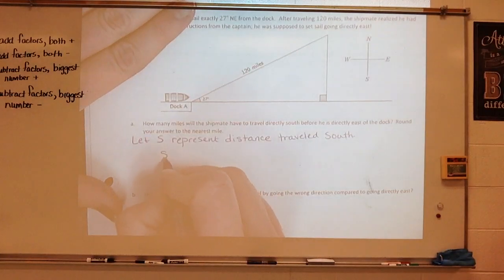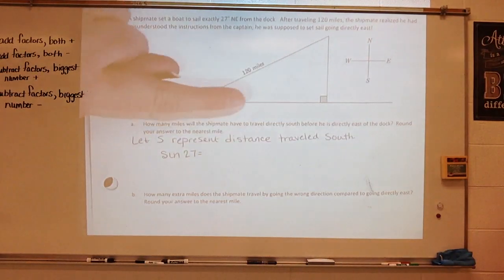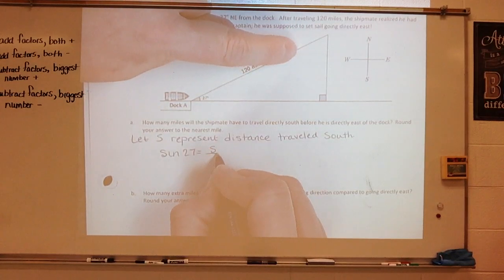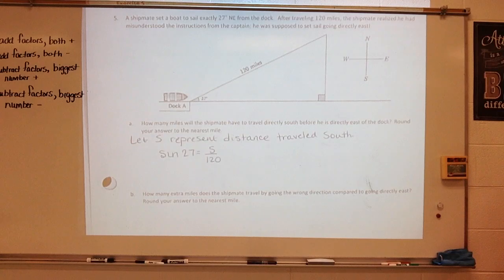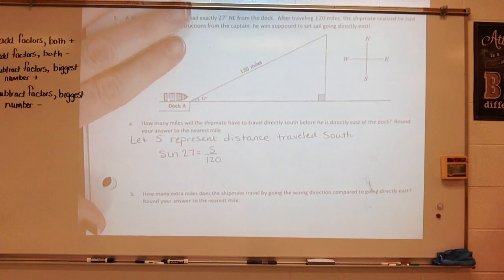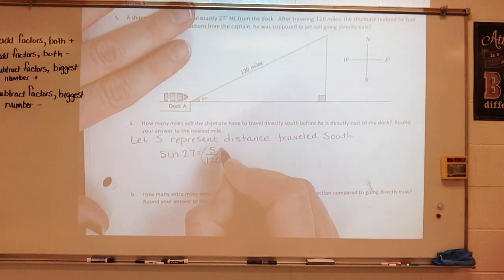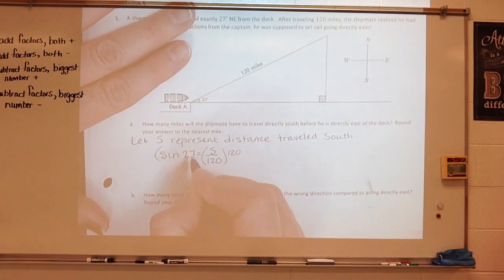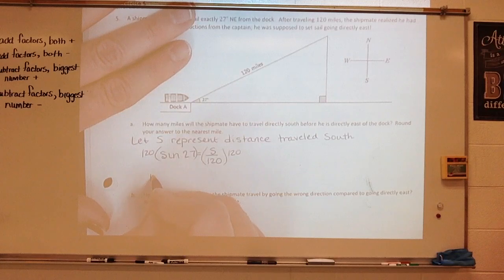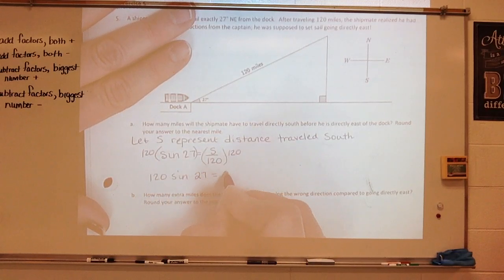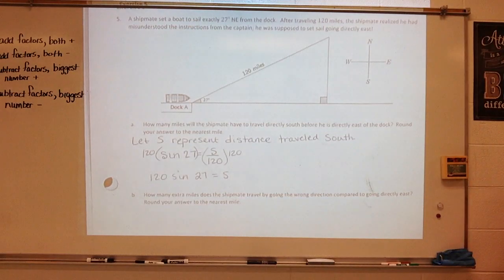I'm going to use the sine of 27, and that would be S over 120. Now I can multiply everything times 120, and I get 120 times the sine of 27 is equal to S.